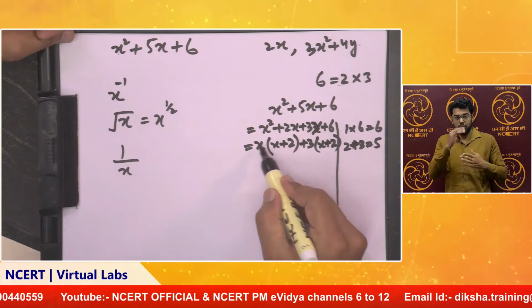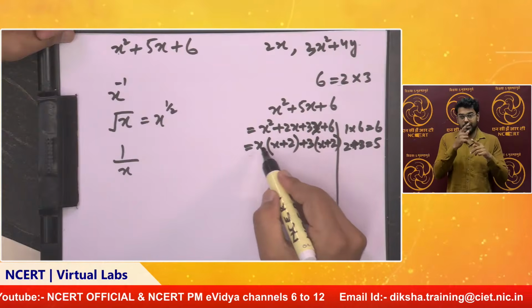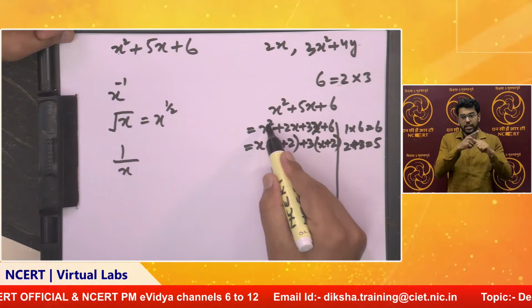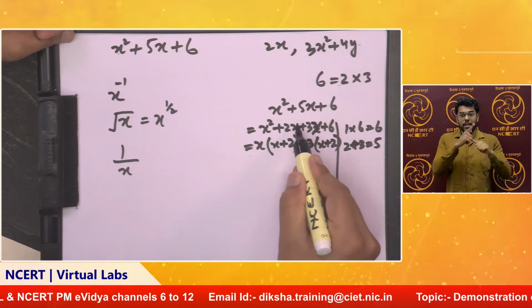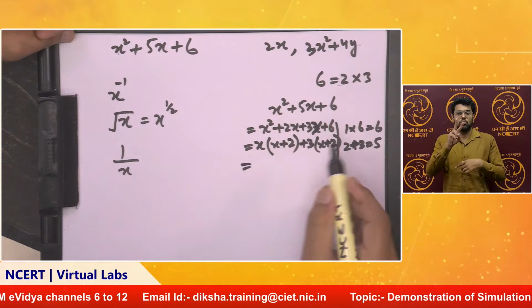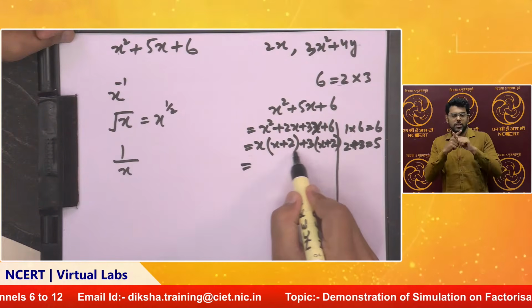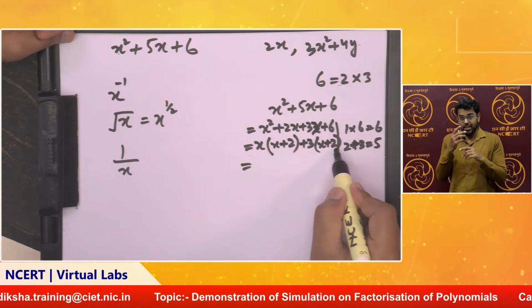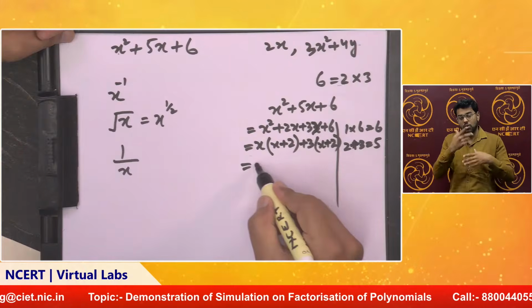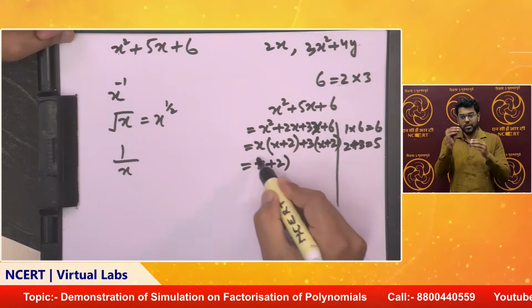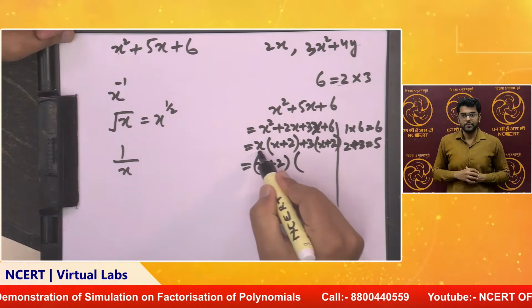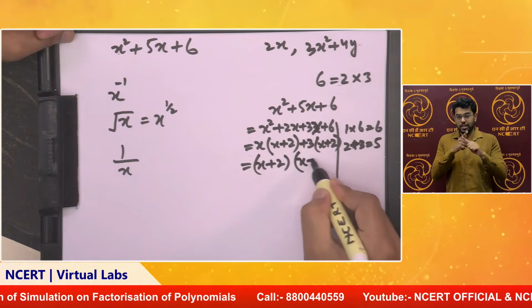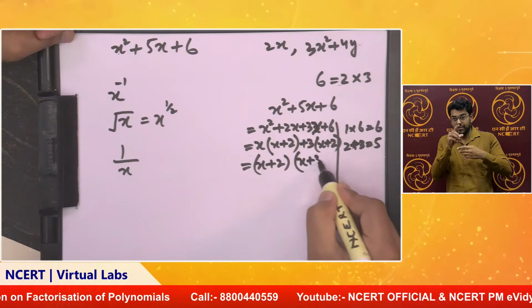Similarly, if I multiply here with x, it will become x square, and x into 2, 2x. Got it. Now you can find this is one term and this is another term, but x plus 2 is here and x plus 2 is here. It is the same term, so I will take x plus 2 as the common term. Here x remains, and in this one 3 remains.